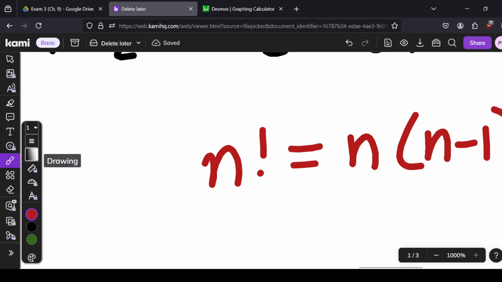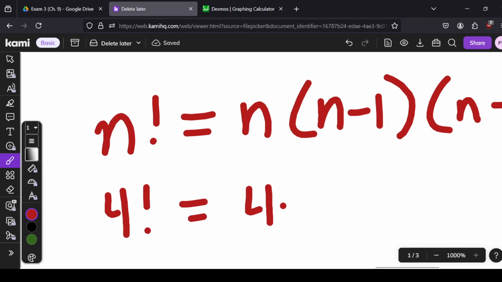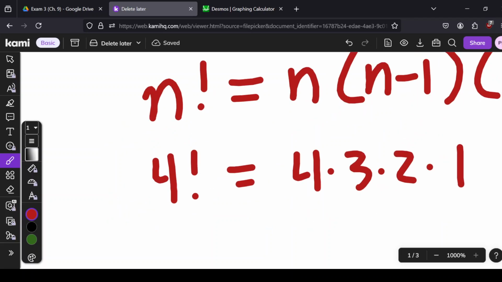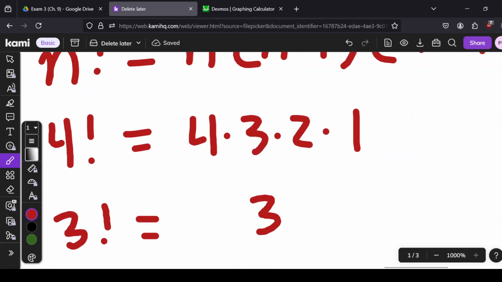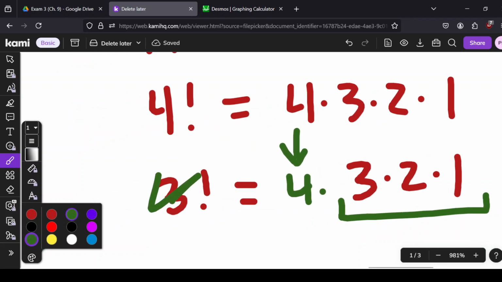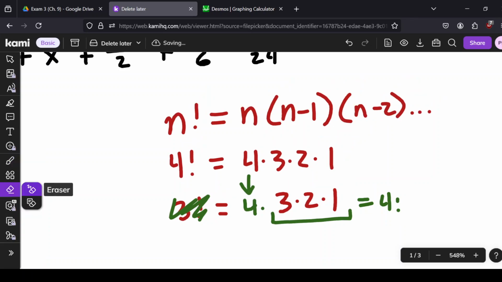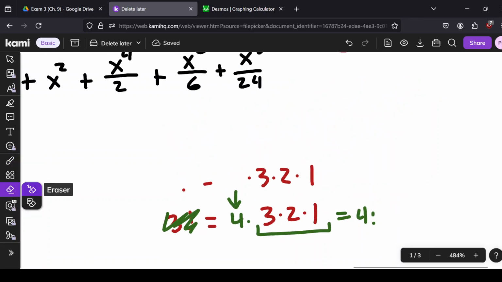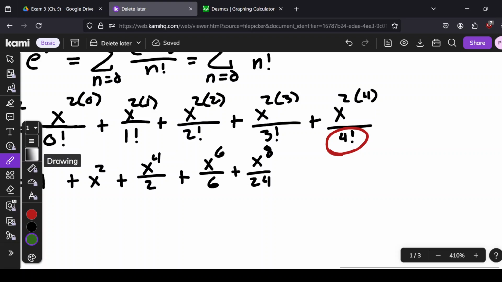So 4 factorial equals 4 times 3 times 2 times 1, and 3 factorial equals 3 times 2 times 1. So if we have this group, and we just multiply it by 4, we get 4 factorial. That's what I do anyway. It makes it a lot easier. You don't have to keep multiplying the same numbers over and over again. It's easy to remember too.